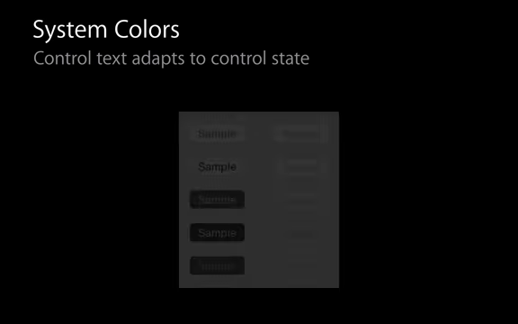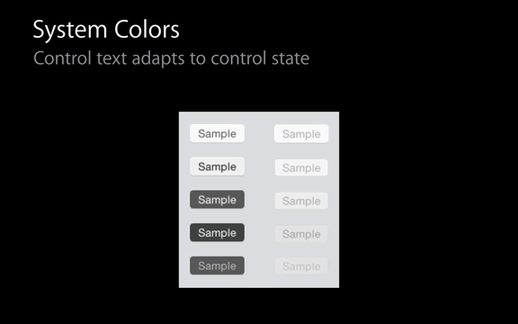So what about control text? What about button text or other things like that? Well, the good news there is that Cocoa is going to make sure that control text automatically adapts to any particular control state that your control may find itself in. So I would encourage you, unless you have a really compelling overriding reason to do so, please let the kit provide the coloring for any textual elements on your buttons and images.